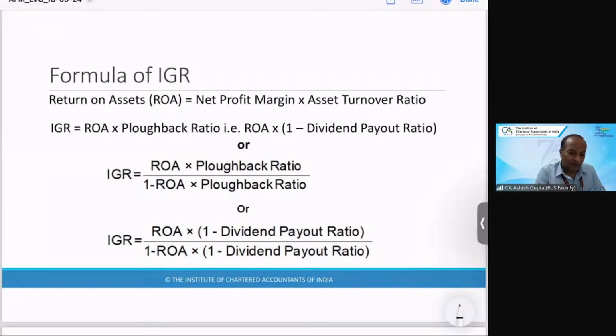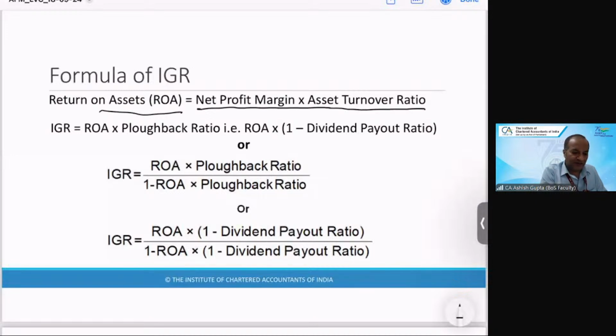First we compute return on asset, and the formula for this is net profit margin into asset turnover ratio.